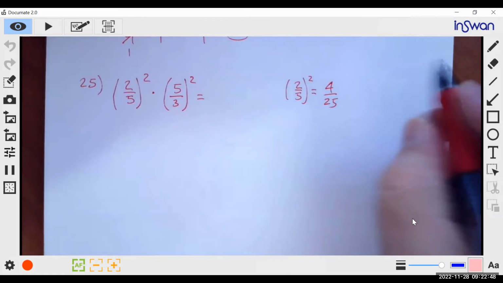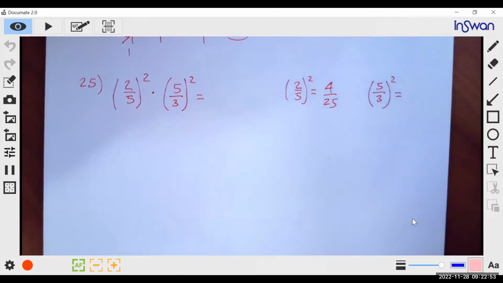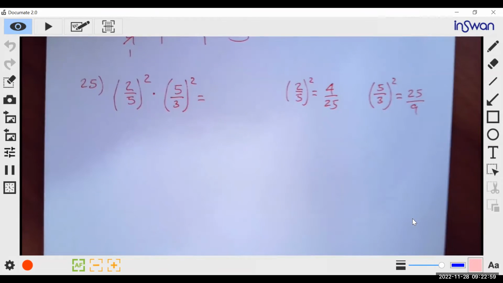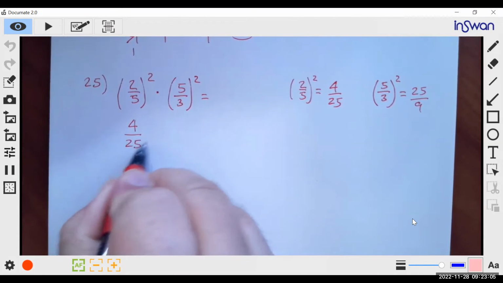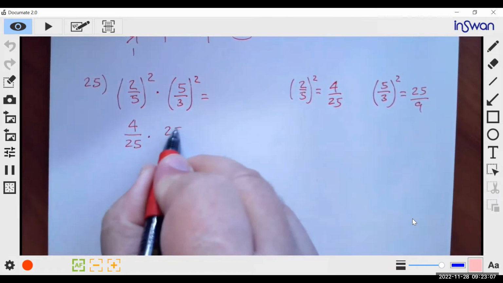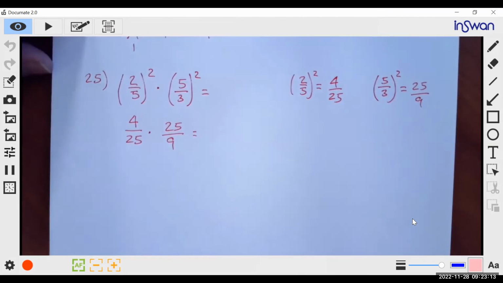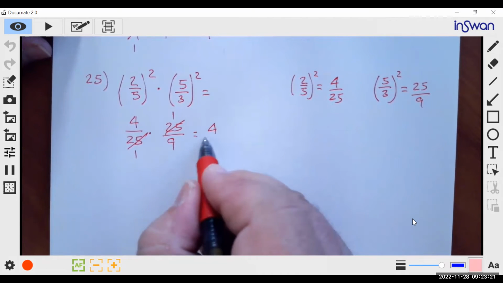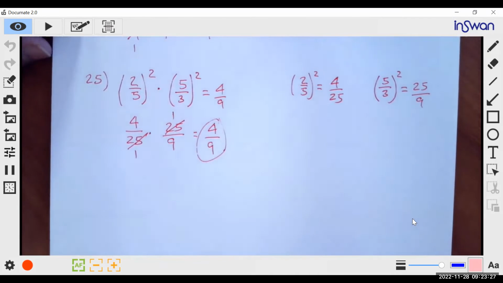Very good. 5 over 3 squared becomes 5 over 9. So it's 4 over 25 times 25 over 9. The 25s cancel. We have 4 times 1 is 4. 1 times 9 is 9. So the answer is 4 over 9.